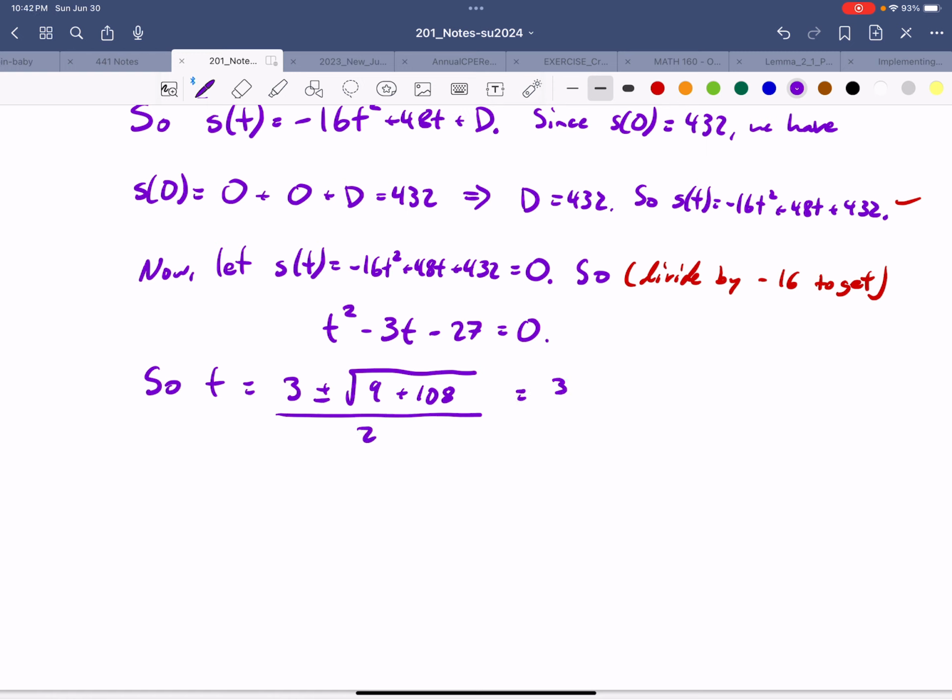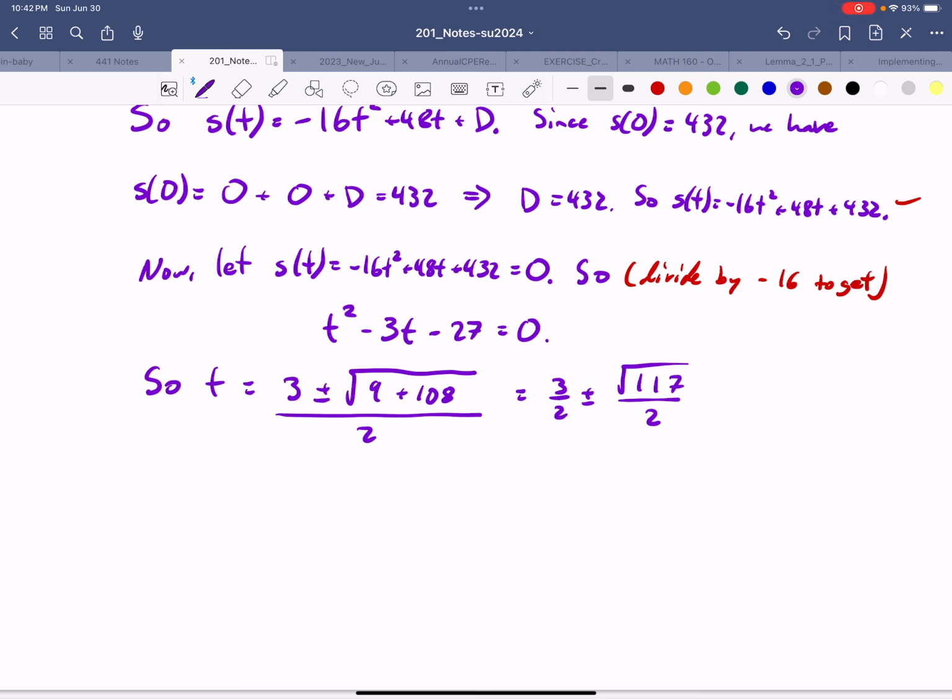And that winds up equaling 3 halves plus or minus root 117, all over 2. That may not be the worst thing, though. Let's see, can we simplify that at all? Not that we have to. You can pull out a factor of 9.